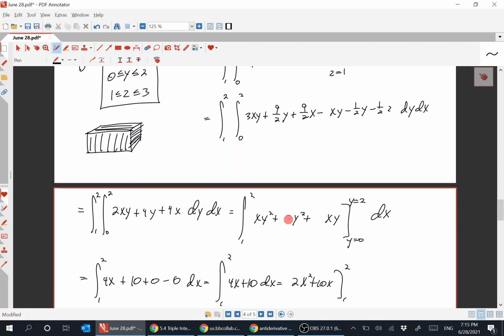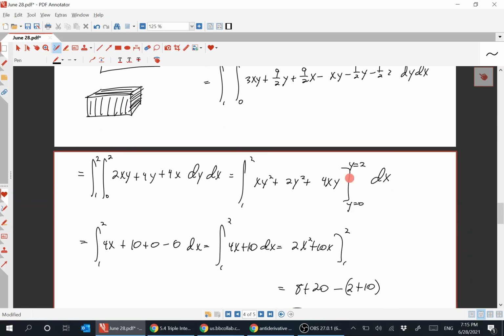And then that one's still 4xy. So at 2, this is 4x plus 8 plus 0 minus 0. These are all 0.